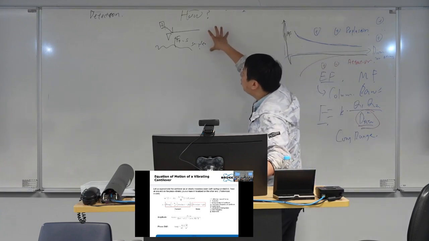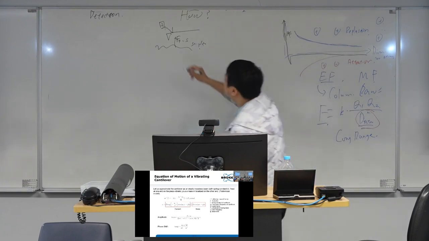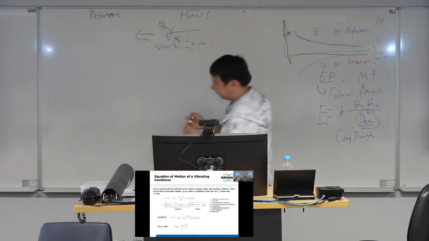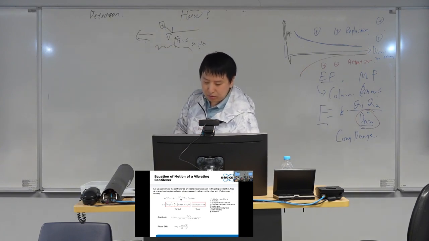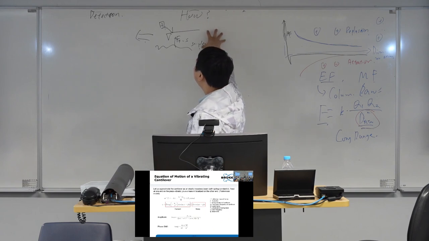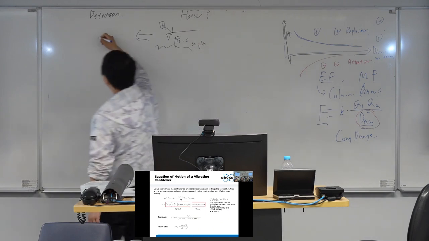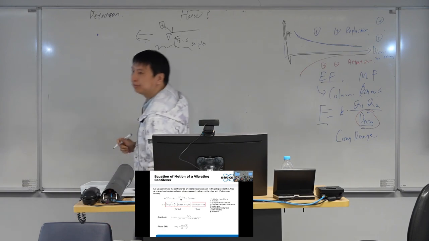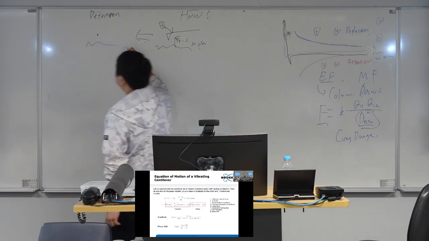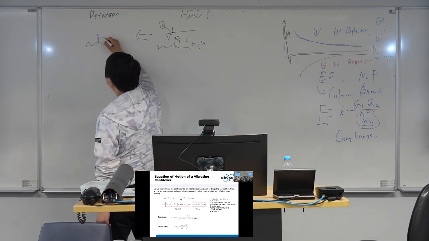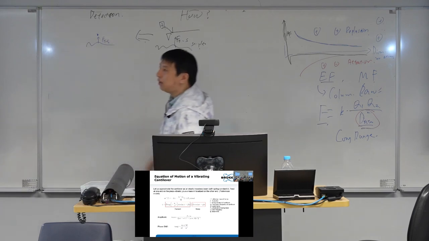Then we make this model to be something like that. We consider our probe as a point. It has an interaction force on this point.